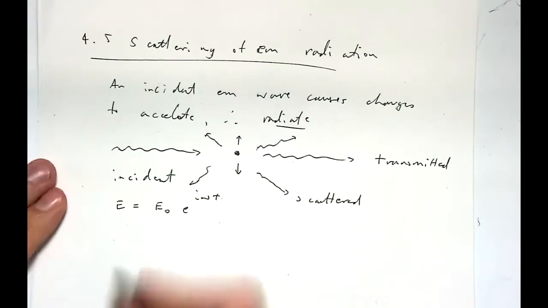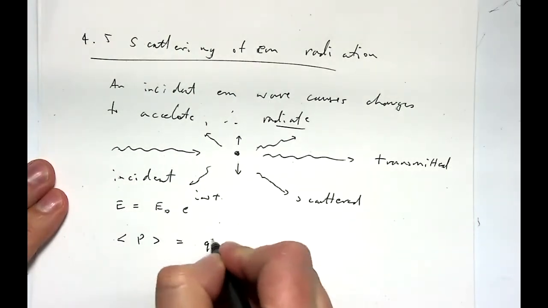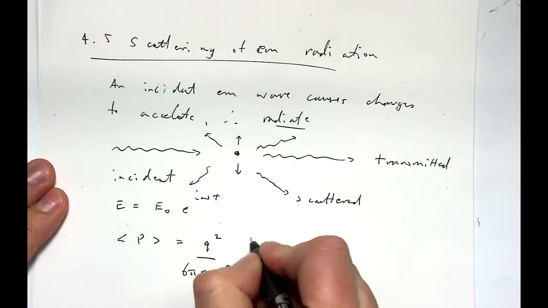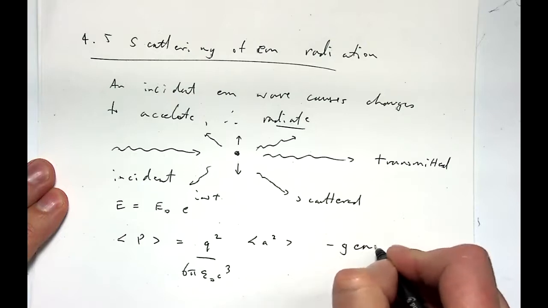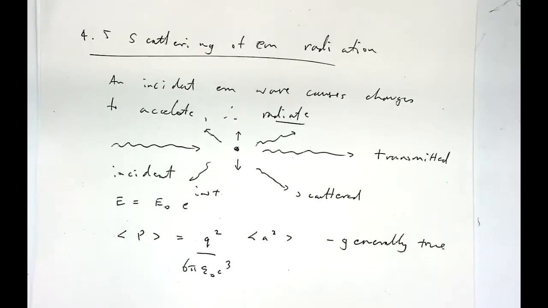So the radiation is isotropic and it obeys Larmor's formula just like we had before. Remember we did that derivation, which is generally true, that the power is proportional to the acceleration squared.